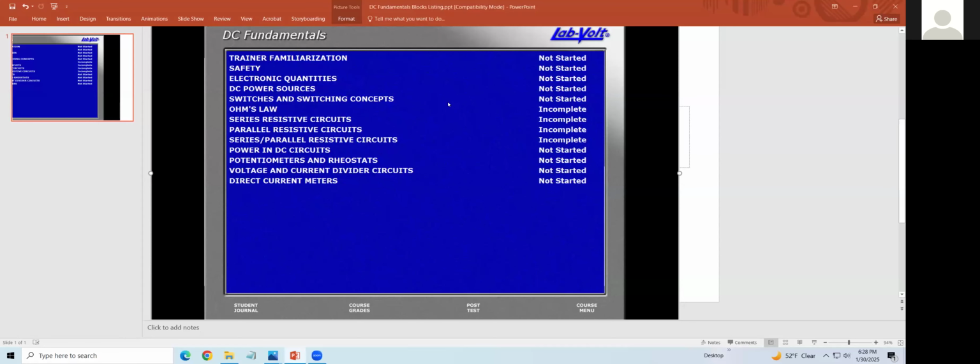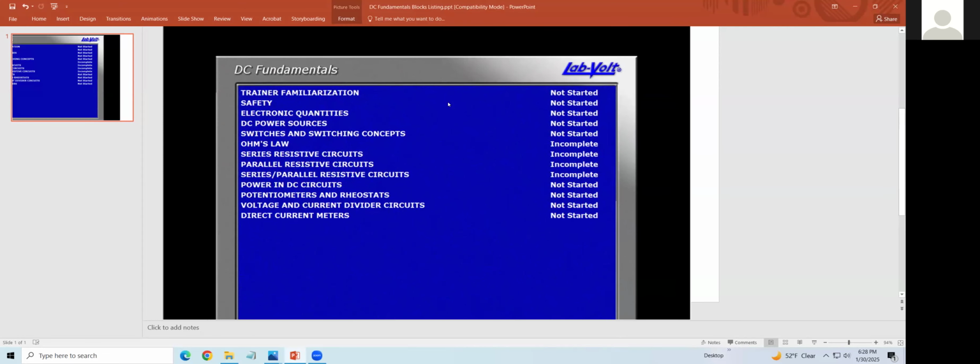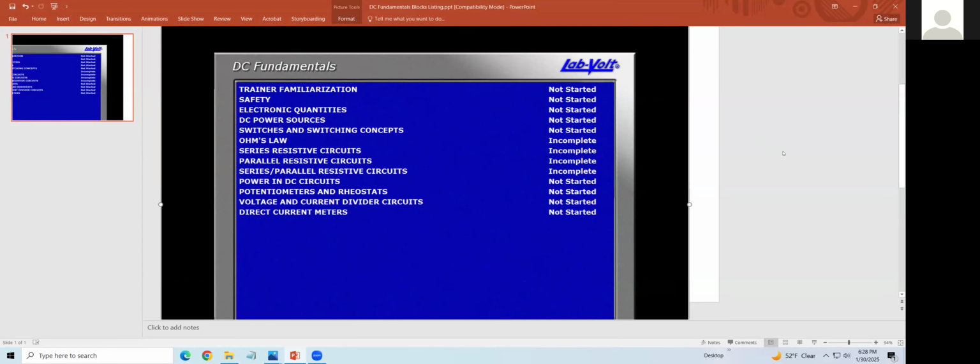Okay, you see that? When you get into Monday, you want to work on the lab volt. You need to get into the lab volt. The instructor will help you get it in.